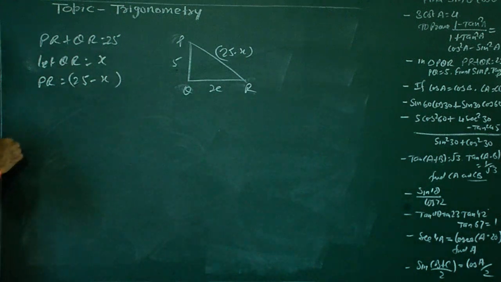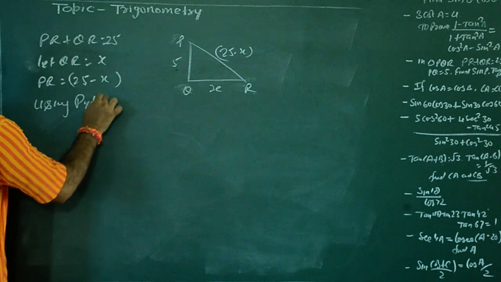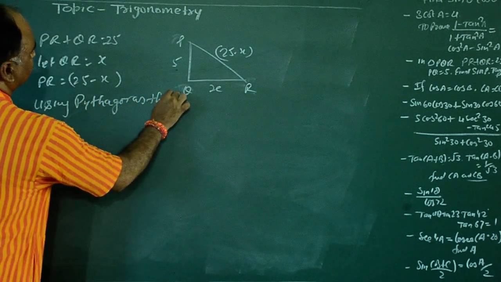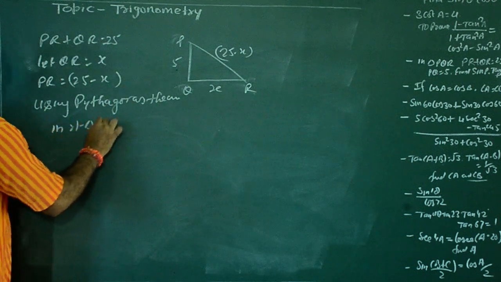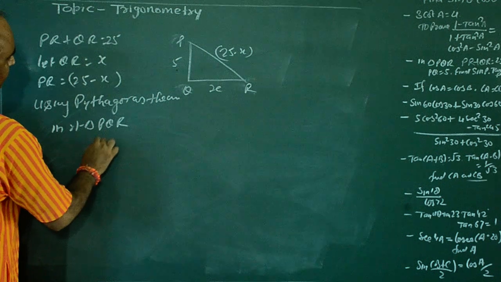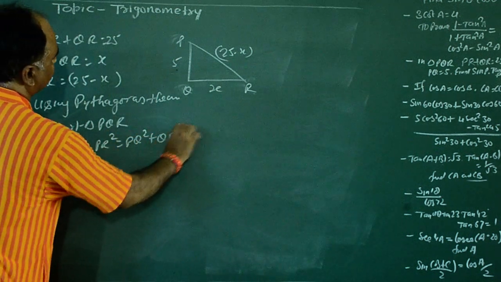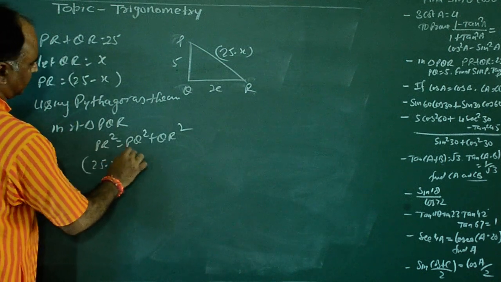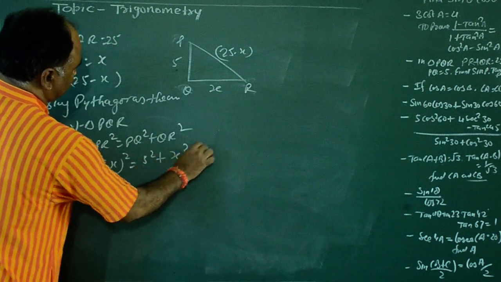For this, using Pythagoras theorem, look here, in right triangle PQR, PR square equal to PQ square plus QR square. PR, that is (25 minus x) square, PQ, that is 5 square, QR, that is x square.